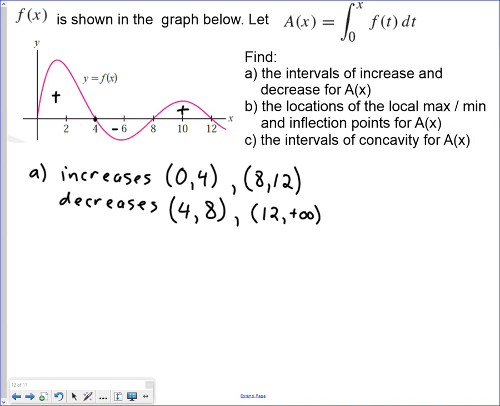So in part B, where we're asked about the local maxima and the local minima, we're going to use our intervals of increase and decrease that we found in part A here. So if it's increasing from 0 to 4 and then decreasing from 4 to 8, that means that at x equals 4, it changes from increasing to decreasing. So there must be a local maximum there.